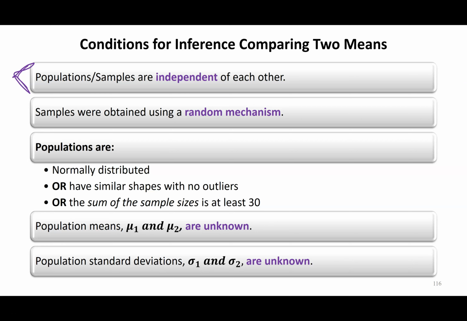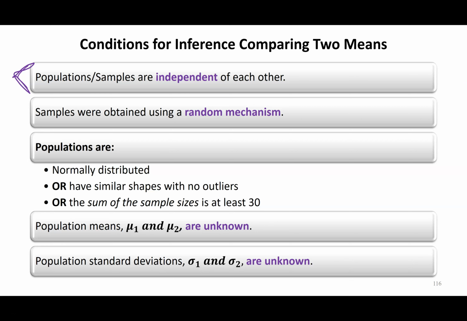So the idea is I cannot double dip. You don't want to be looking at groups that you know are dependent. So maybe I don't want to look at a sample of OSU students and then a sample of OSU freshmen, right? Because there's a lot of overlap. I could have freshmen that are in both groups. Those aren't two separate groups. You need to have two completely separate groups.